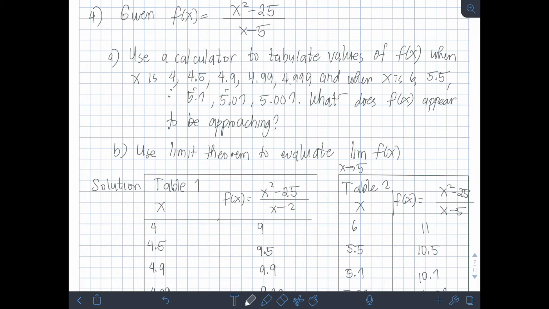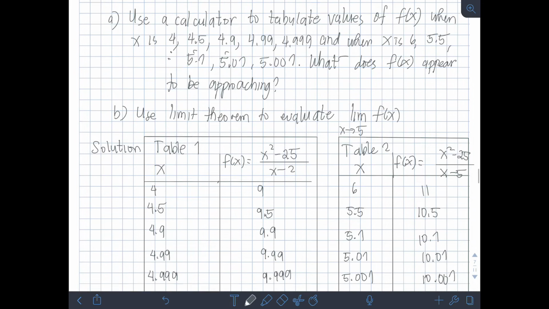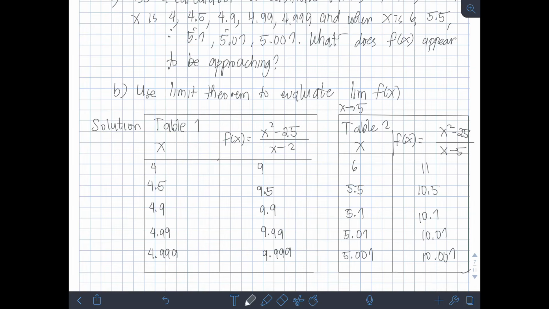So, therefore, kapag tinabulate natin to, makikita natin sa table na ina-approach nung value nung f of x natin yung, let's say, dito sa 4, 9, 4.5, 9.5, 4.9, 9.9, 4.99, 9.99, and 4.999 is 9.999. So, palapit tayo sa value na 10. Kapag ina-approach nung x natin ay palapit din sa 5 to the left. Okay?